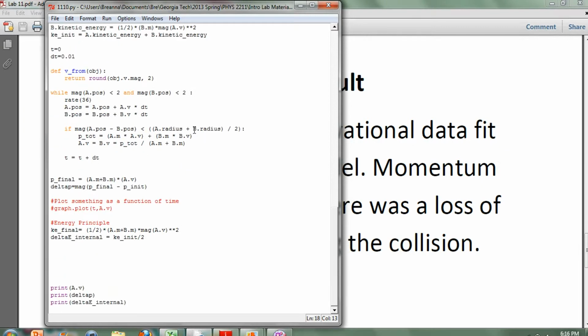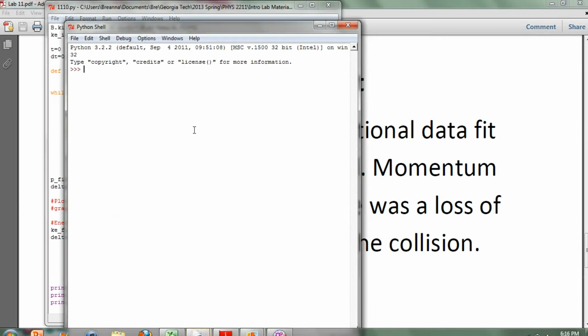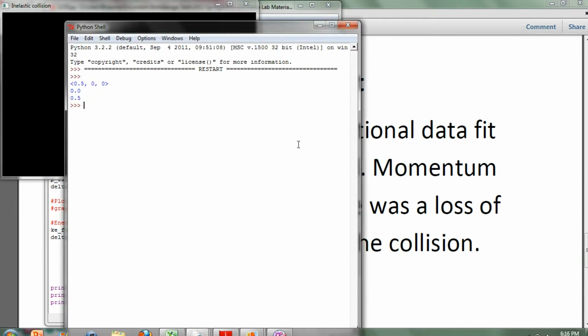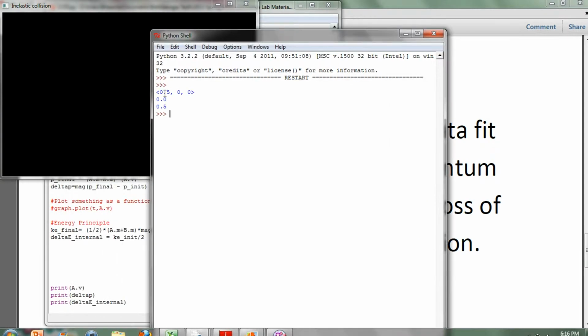And so then when I ran my model, here you see the one moving and the other one at rest. And they stuck together afterwards and move with a different velocity, as inelastic collisions do. I printed the final velocity of the two combined, which is half the initial, and the momentum after.